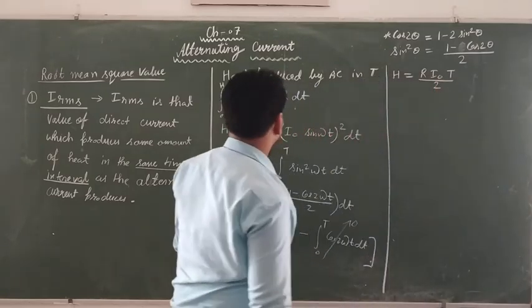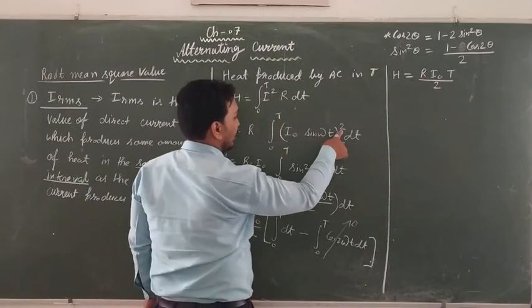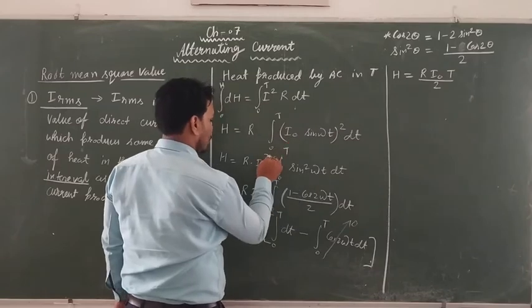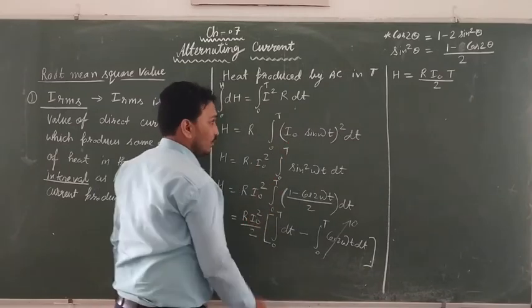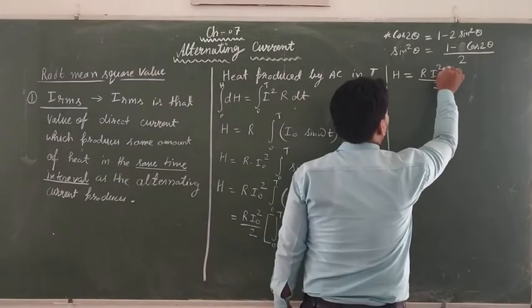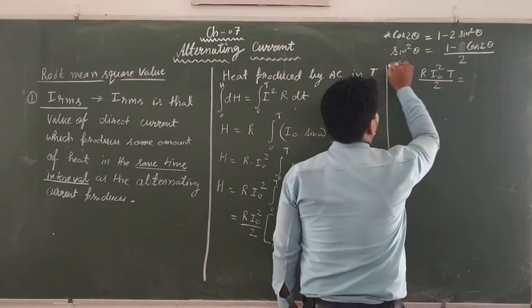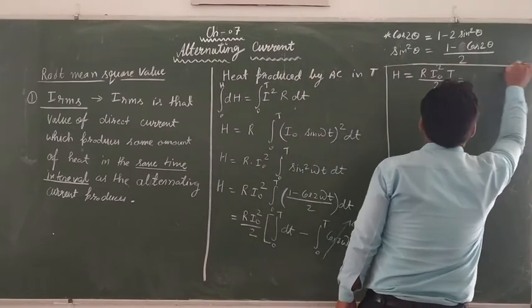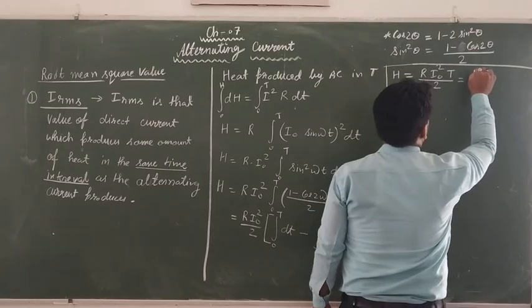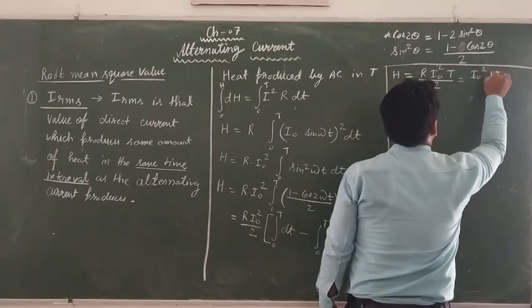And one more thing, just see, the square is there. So I₀² should be there, which was missed. It should be like this. Further, by simplifying, we can write I₀² into R into T upon 2.